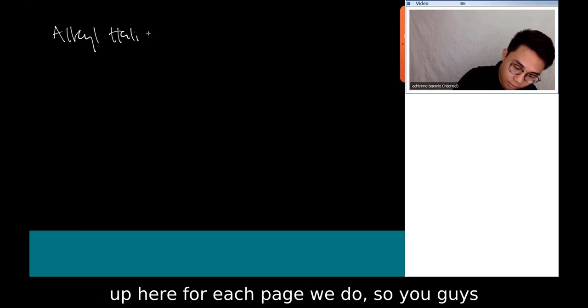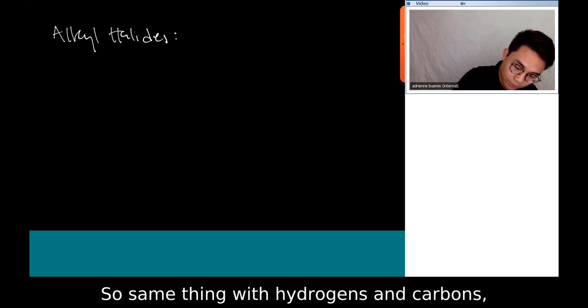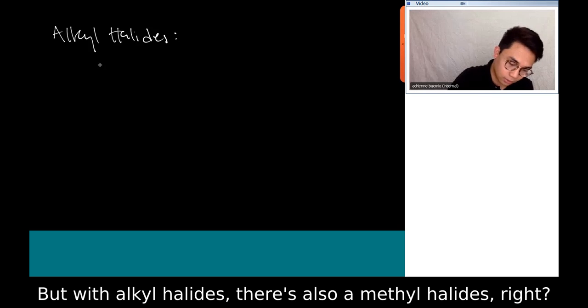And again, I'll have the titles or the topics up here for each page we do, so you guys can navigate this video better. So okay, alkyl halides. First things first, there's classification. Same thing with hydrogens and carbons, there's primary, secondary, things like that. But with alkyl halides, there's also a methyl halide, right?